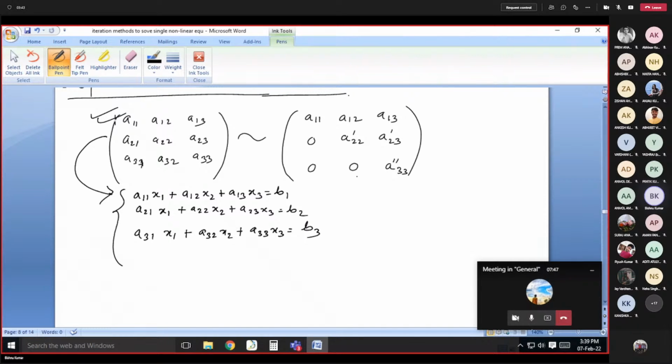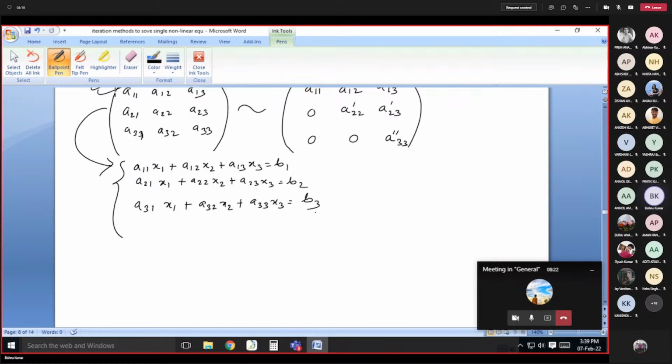That idea or rules, you just nicely keep in mind. And before that also, I would like to tell you, the process I am discussing here by taking an example of a 3x3 system, means 3 equations 3 unknowns, but this discussion is valid for n number of equations. This is the general discussion, but the example I have taken is 3x3. In that way you should try to understand.